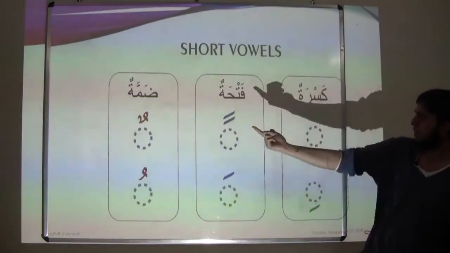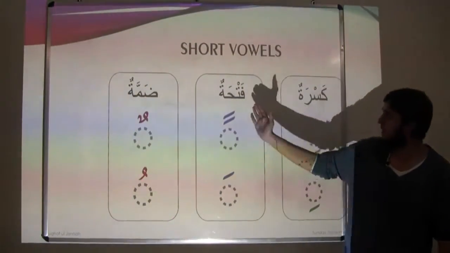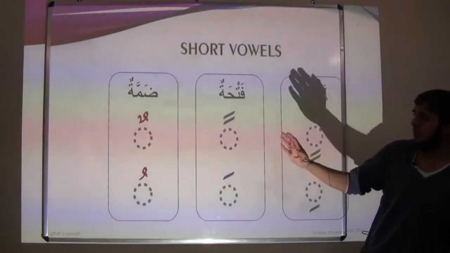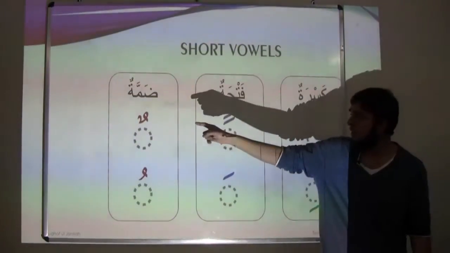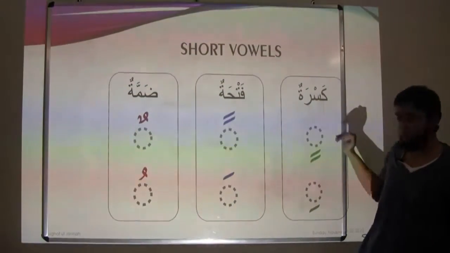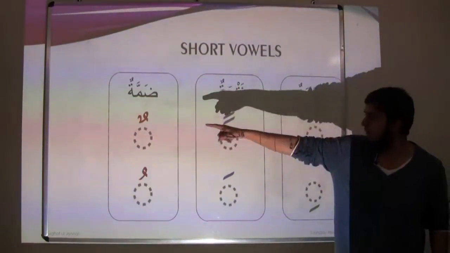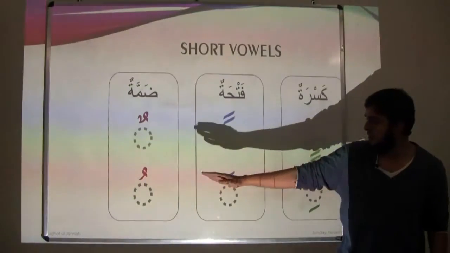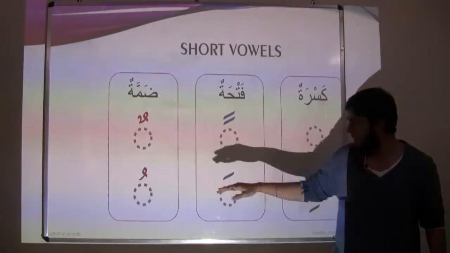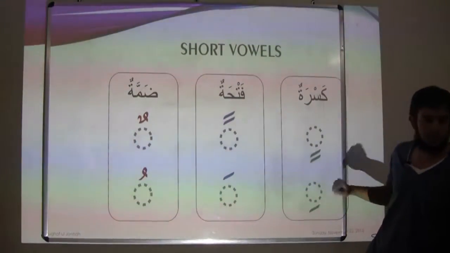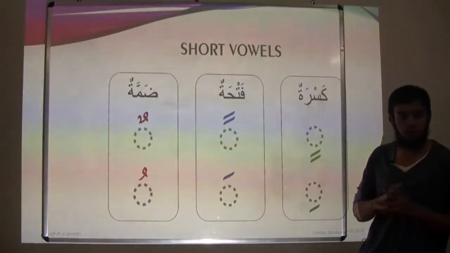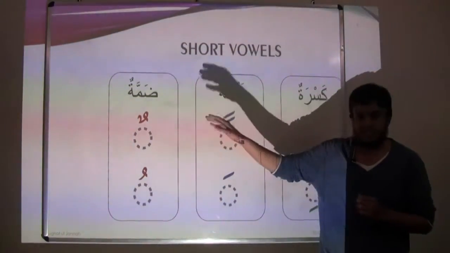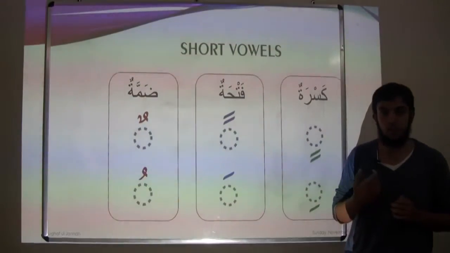We have the dhamma, fatha, kasra. If you can see the top line, it shows the double dhamma, double fatha, double kasra, and the next line shows the single dhamma, single fatha, and single kasra. What we realize is that when it is double, we get a noon sound.